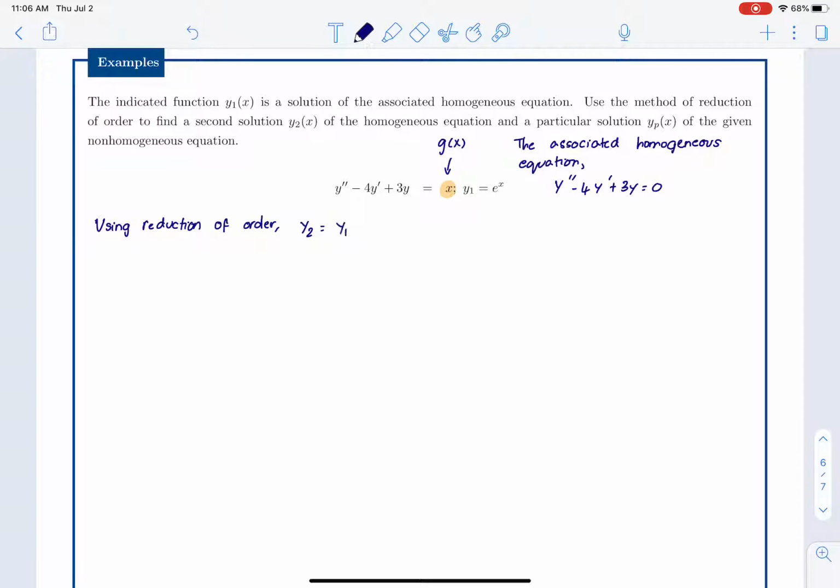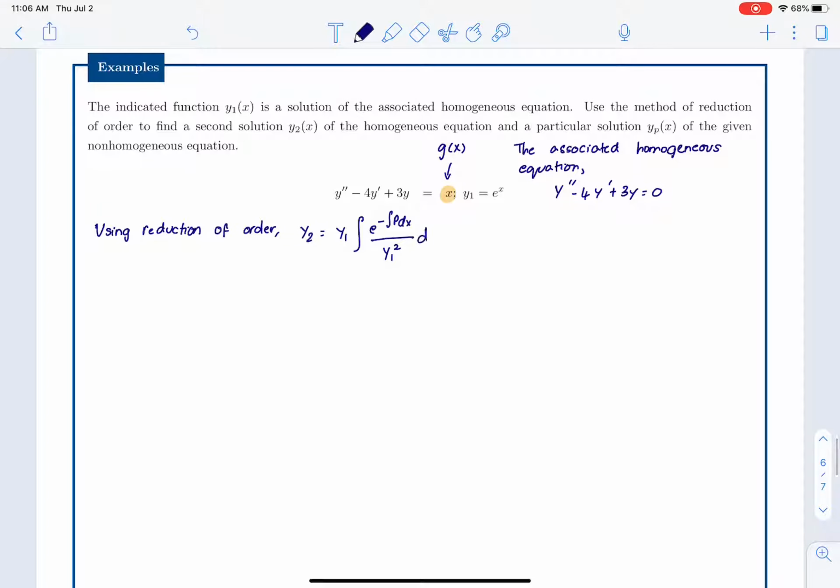y2 is y1 times the integral of e raised negative p dx divided by y1 squared dx. y1 is e raised x.